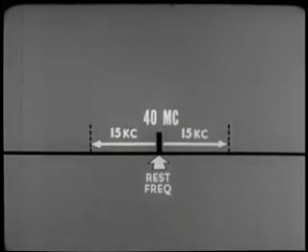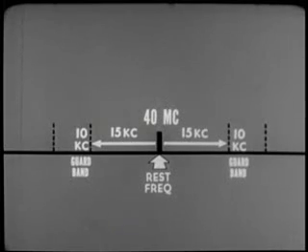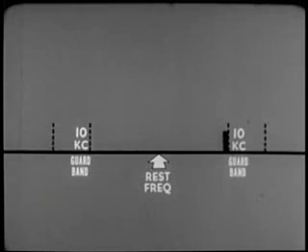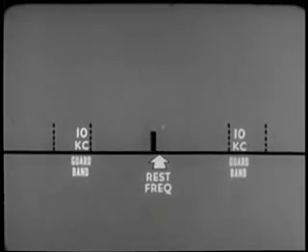To avoid conflict with adjacent FM channels, 10 kilocycle guard bands are added on each end. This typical channel will allow the carrier a 15 kilocycle deviation above and below its rest frequencies.